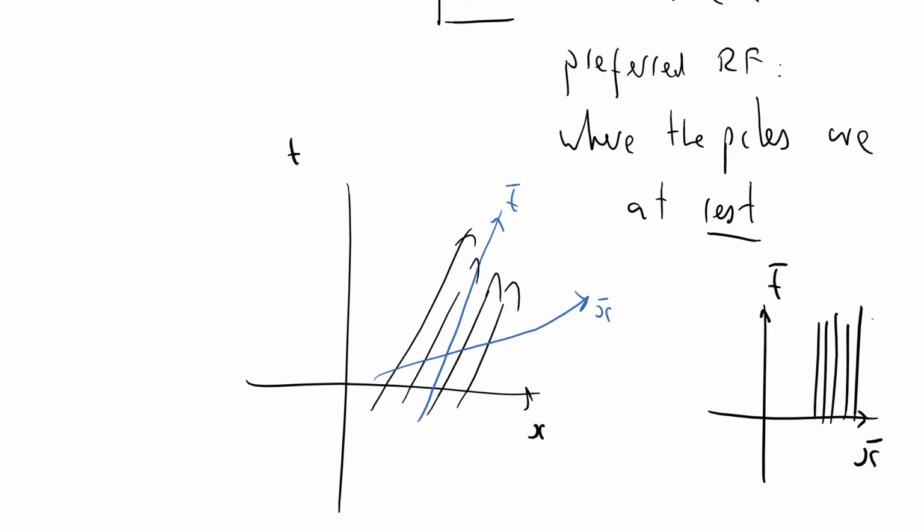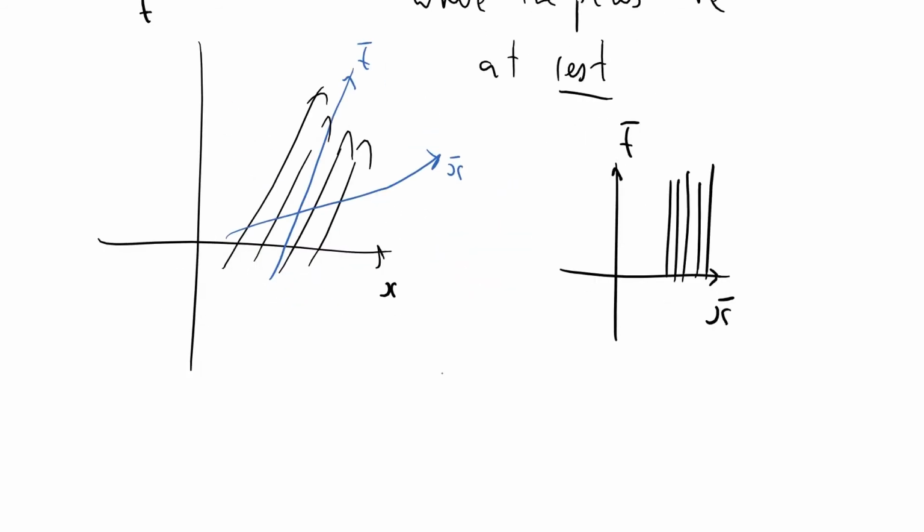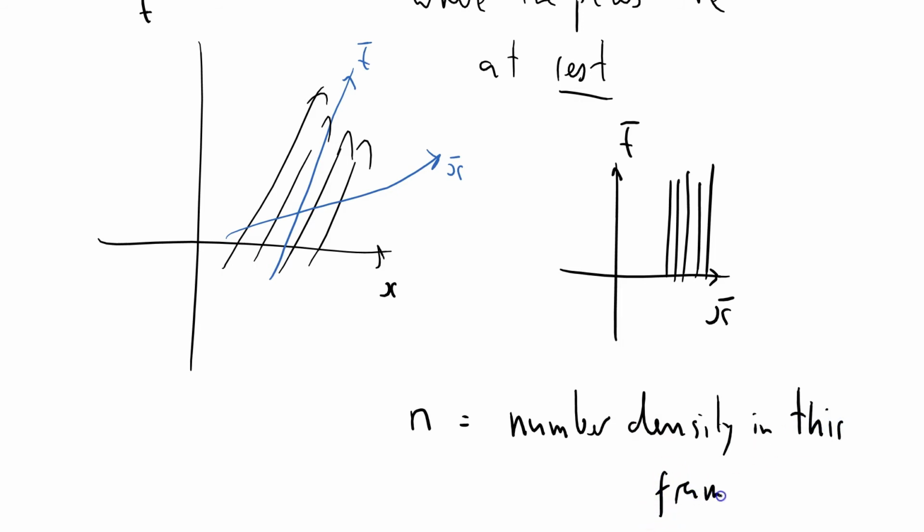And that is a perfectly well-defined concept. And here, n equals the number density in this particular frame. It's a bit like rest mass. It's the mass of the object in the frame in which it is at rest.